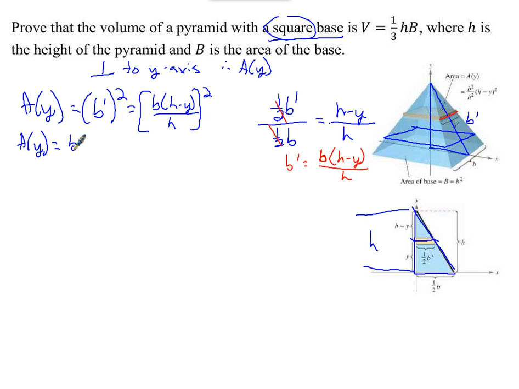That's an h. All the way back here, it's h minus y over h, because it's the little height divided by the entire height. So we have b squared over h squared times h minus y squared. Is this a function defined in terms of y?